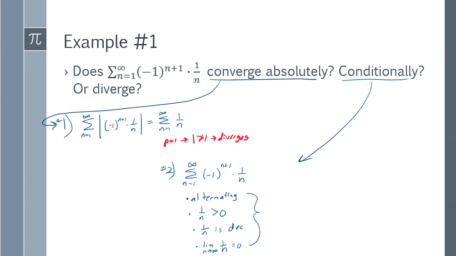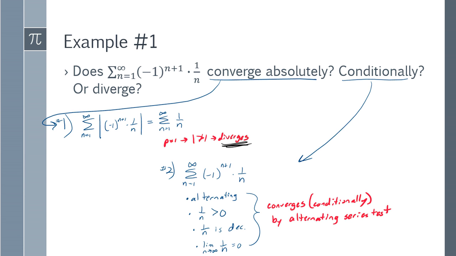So this converges conditionally by the alternating series test. I can say it's conditional because I already said it does not converge absolutely.